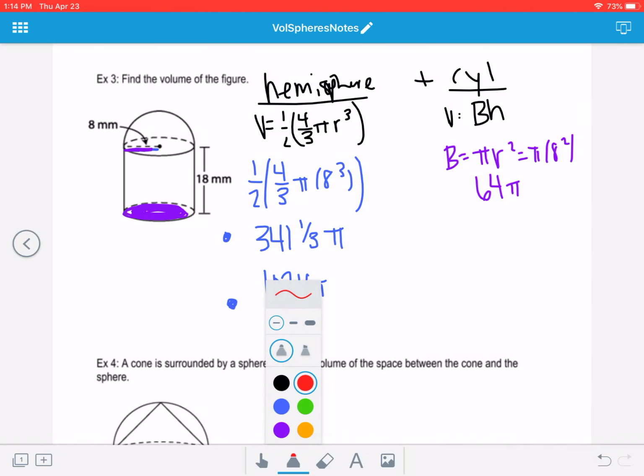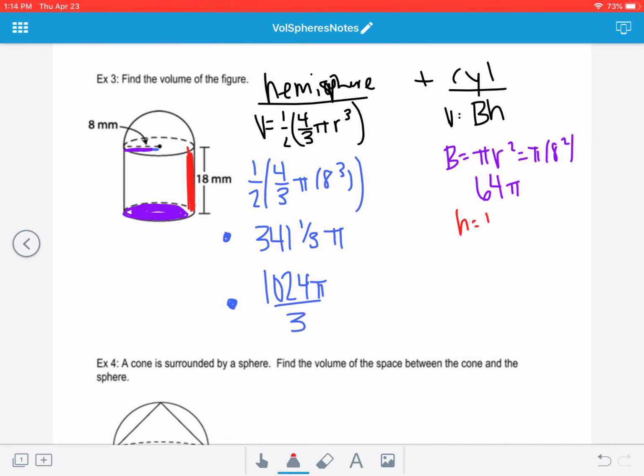The height of a cylinder must connect the two bases, so the height is going to be 18. So to find the volume here, we're going to take 64 pi times 18. 64 times 18 is 1152 pi.